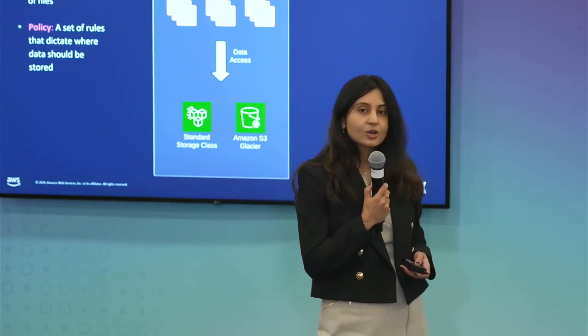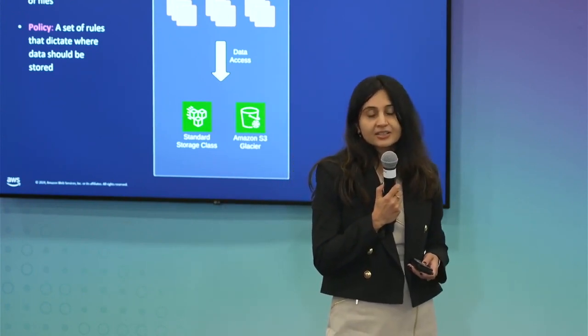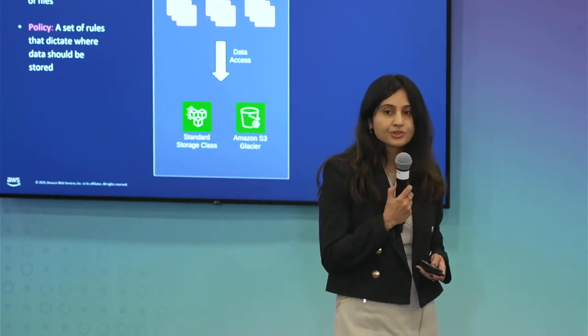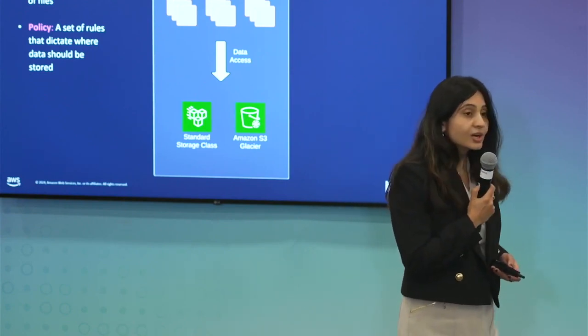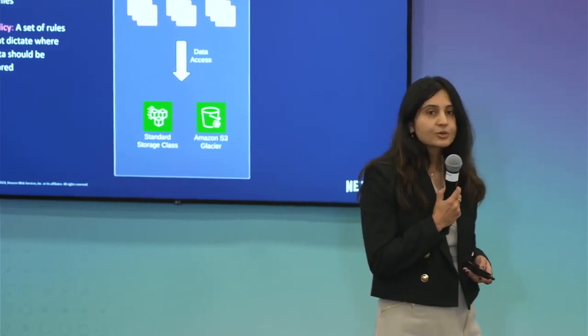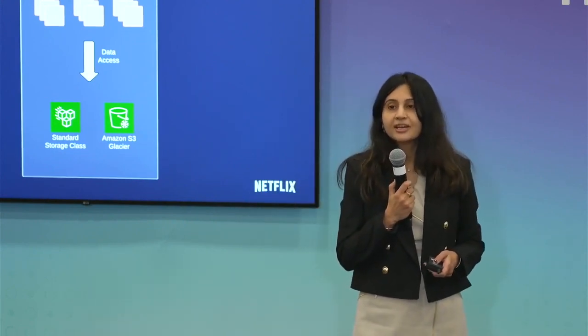So what is an asset? An asset is a file or a list of files that are generated during production or post-production workflows. These assets could range anywhere from one file to millions of files. And these assets have a nature. Some of these assets are hotter than the others. Some are ephemeral.